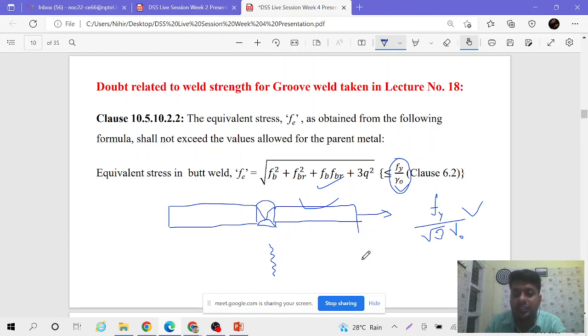So when you apply the axial force, it might happen that because of the compression this plate will try to get more in contact with another face, means at the two surfaces where voids are present or where there is a gap, that gap will be filled because of the compressive loading which you apply.